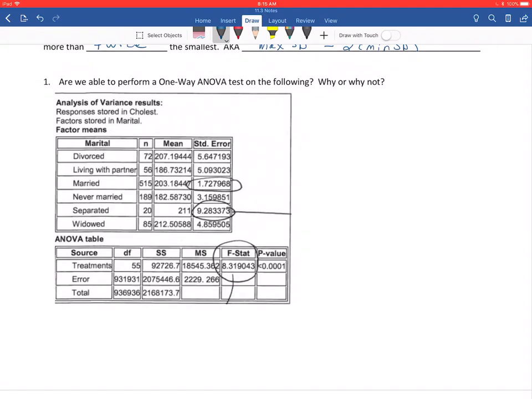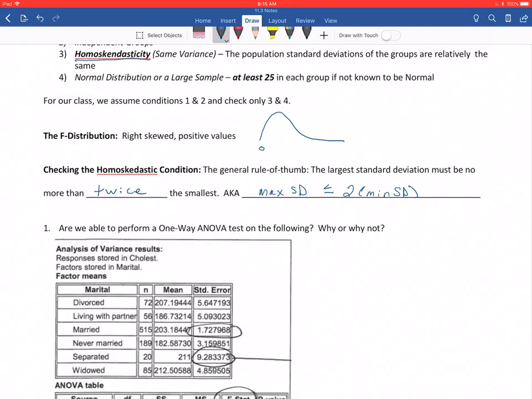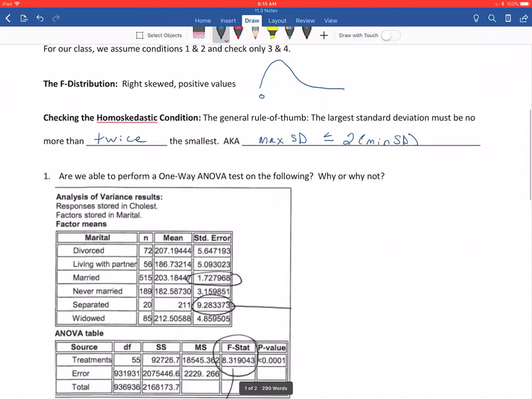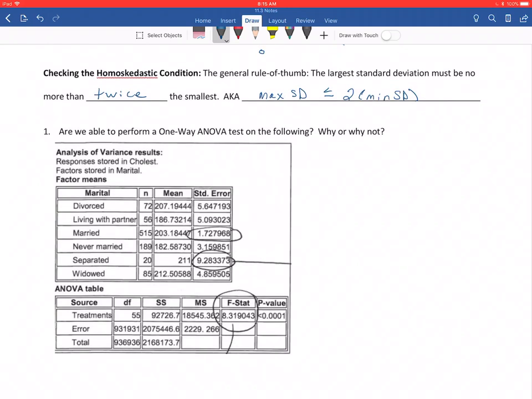If we are given this information, it asks: are we able to perform a one-way ANOVA test on the following? Why or why not? Remember, the two that we are in charge of checking are this homoscedastic condition and the sample size. We don't have any information here about these being normal distributions to begin with, so we would need all of the samples to be more than 25.